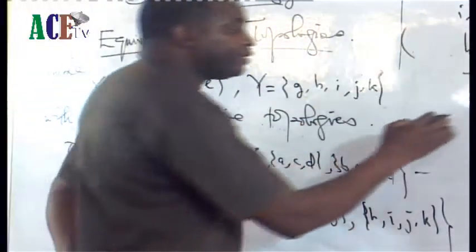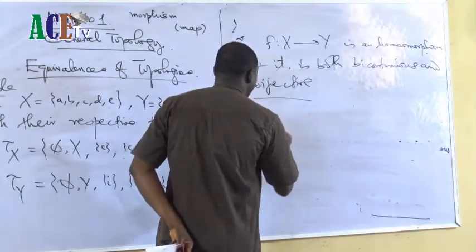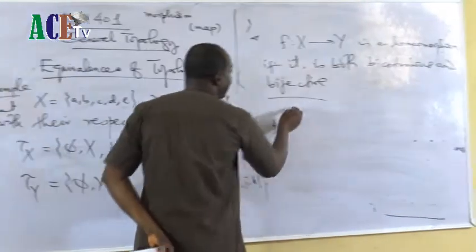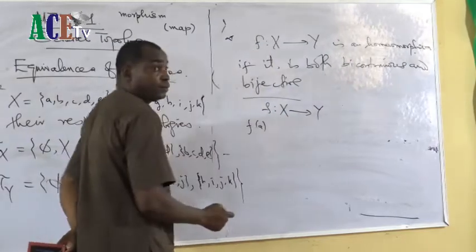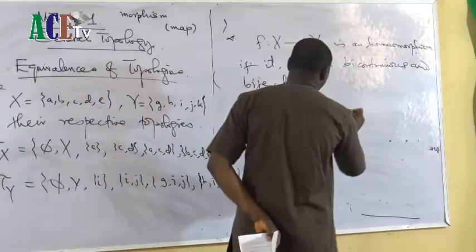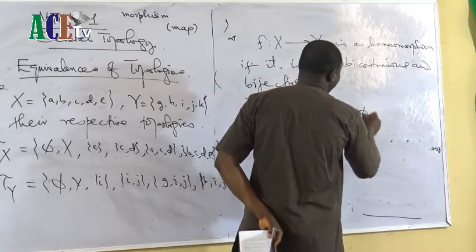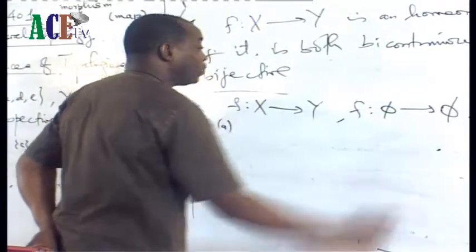In other words, F is a map that takes X to Y. Of course, it will also take an empty set to an empty set.